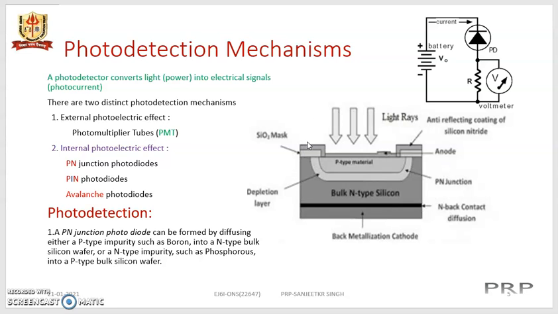Here on the right-hand side we have the basic construction of a photodiode, where p-type material like boron is diffused into an n-type substrate made of silicon. It can also be reversed, where the top diffused material is n-type and we use p-type as the substrate.